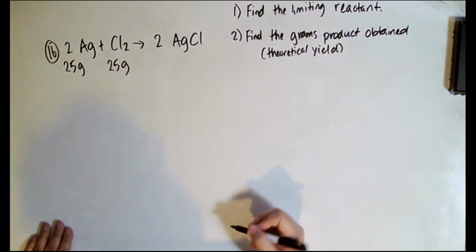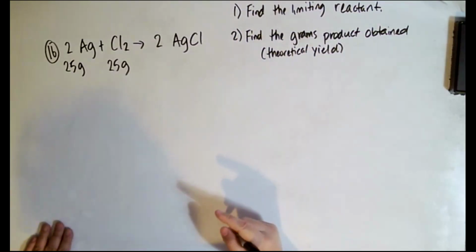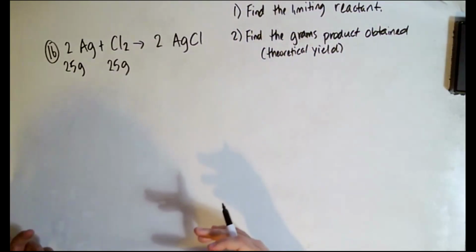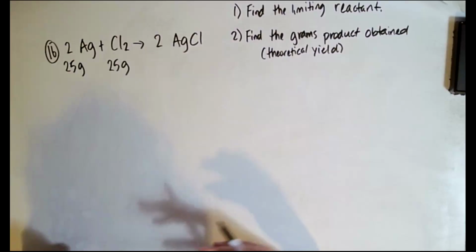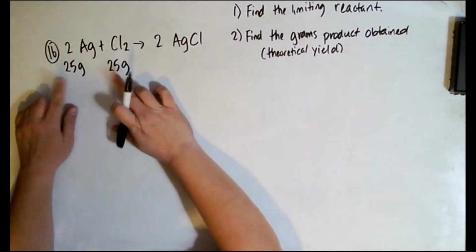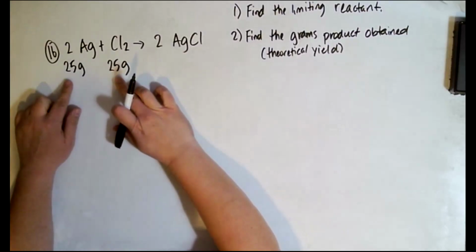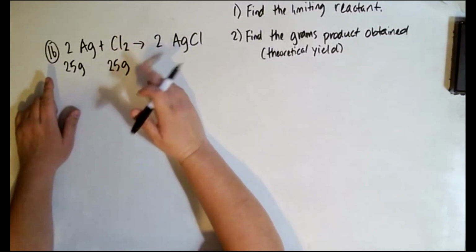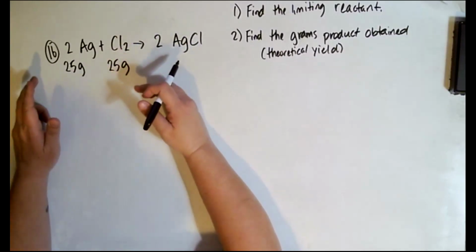In order to do both of these things, whenever you have a problem where there is a limiting reactant, and you'll know that it has a limiting reactant when you're given 2 quantities of reactants, that means that you have to determine which of those reactants, which amount, is going to run out first. And whichever one runs out first, that's going to be our limiting reactant.